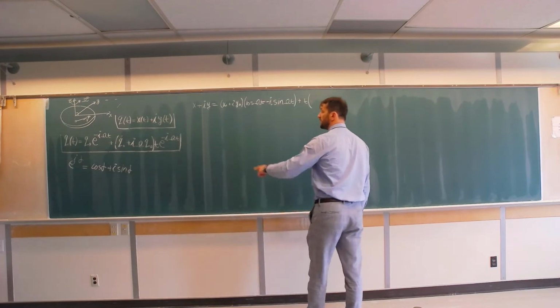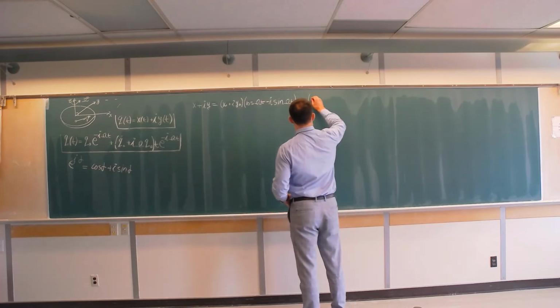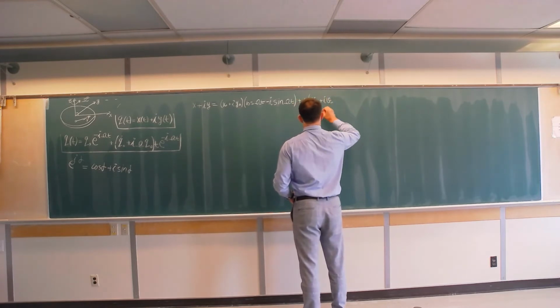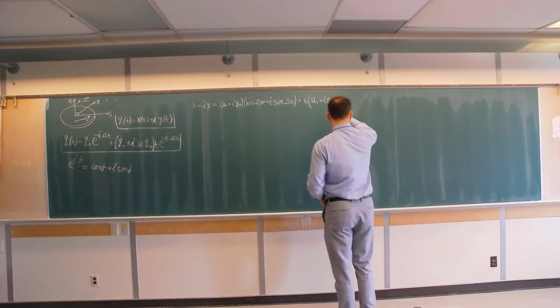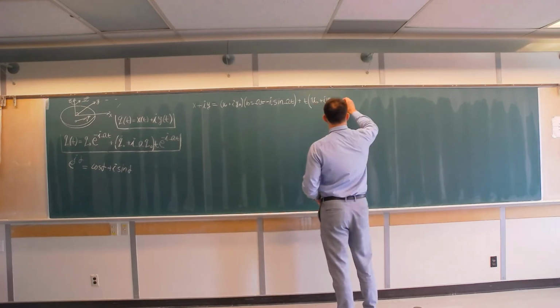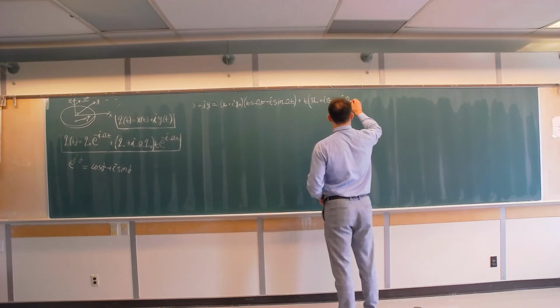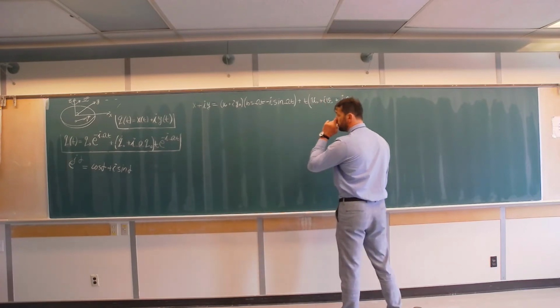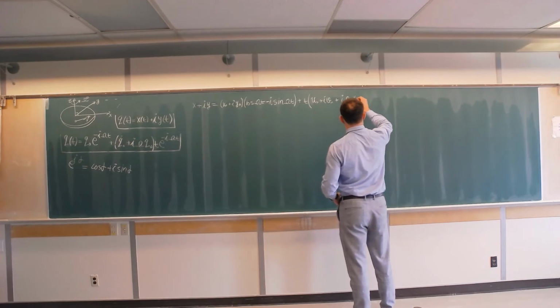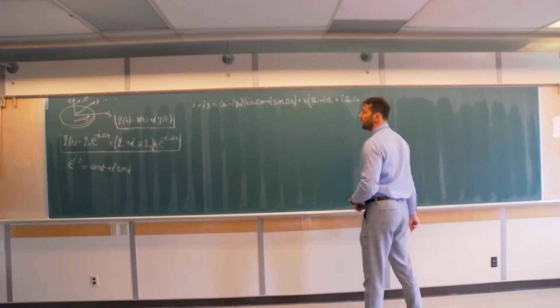That multiplies q0 dot, that will be u0 plus i v0, plus i omega q0, which is x0 plus iy0. So I will multiply immediately this with q naught written in terms of x and y.